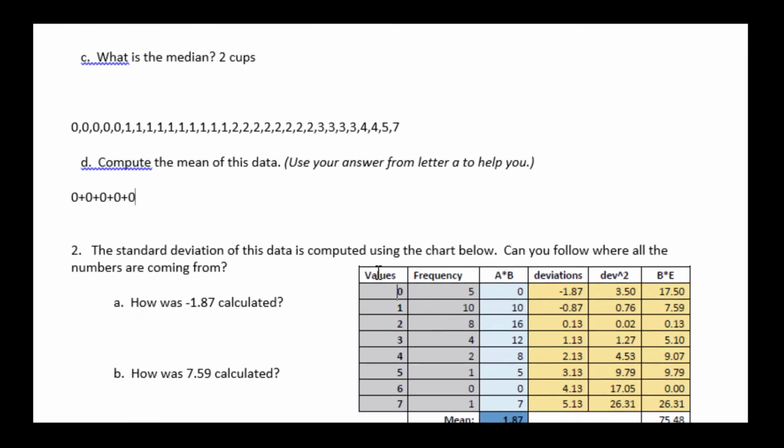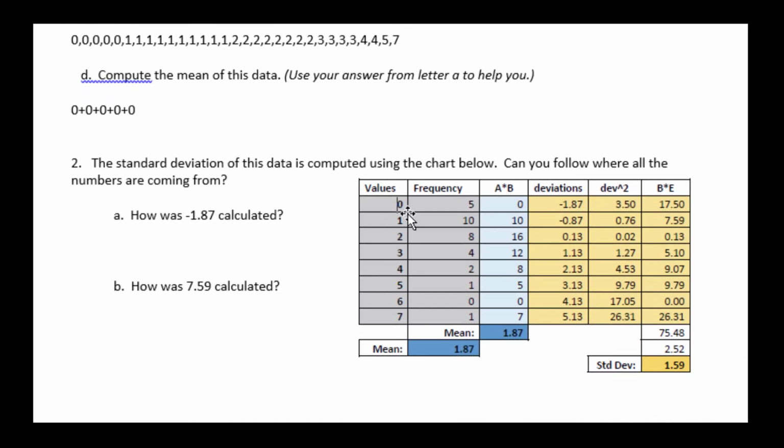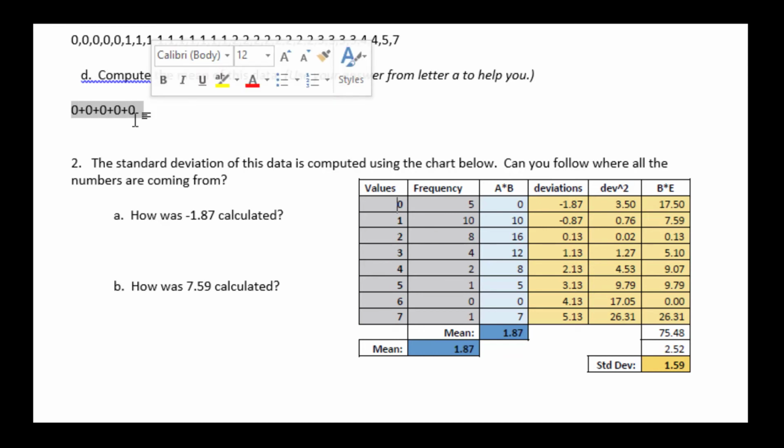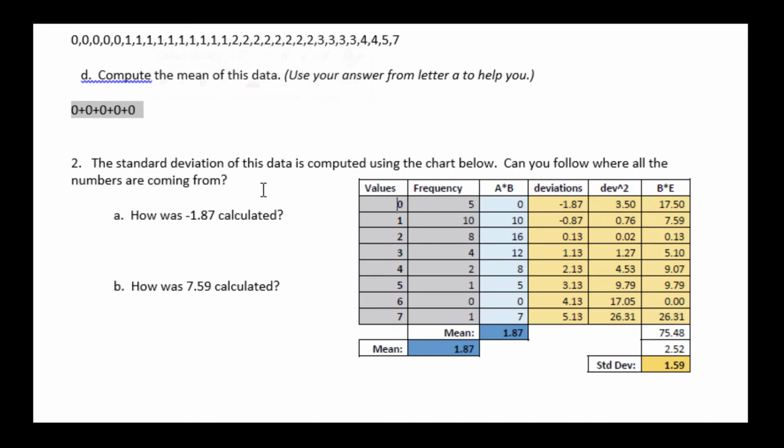But I want you to look down here. Here is the value, which is how many cups of coffee. And here's how many drank that number of cups of coffee. So like I wrote here, 5 people. It's the 5 people that drink 0 cups of coffee is right here, the frequency.